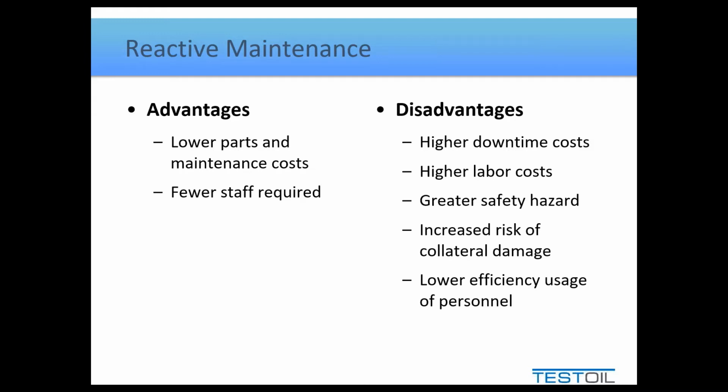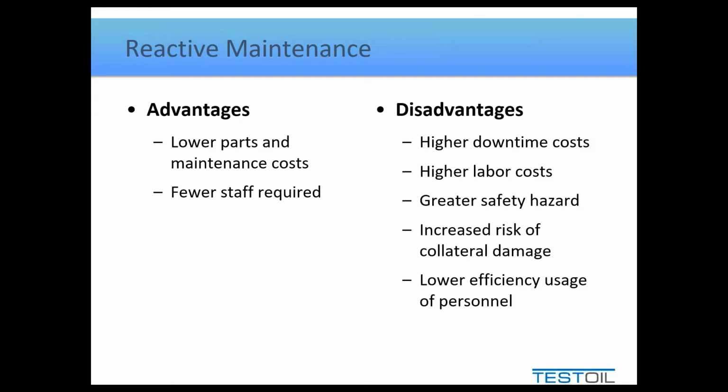Will it trip something in the system that can cause, again, a cascading effect to invoke some safety issues? Will it cause any what we would consider collateral damage, damage to nearby machinery or downstream machinery because of the way it abruptly stops functioning? And of course, above all, the staff you do have on hand, you're not using very efficiently. So it has definitely some downsides.